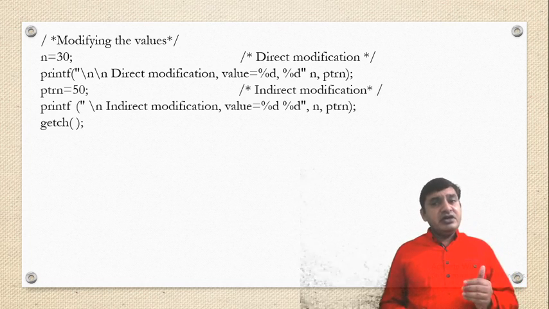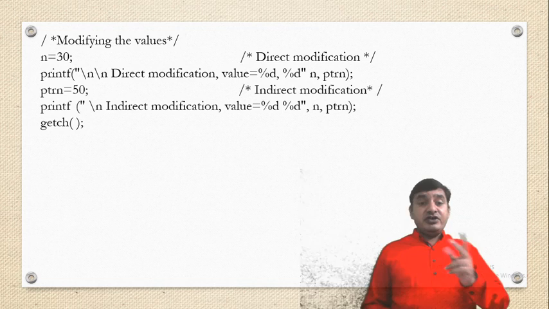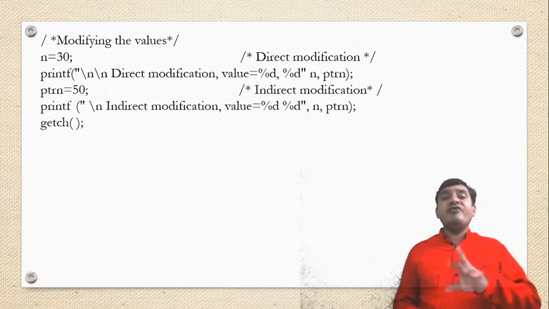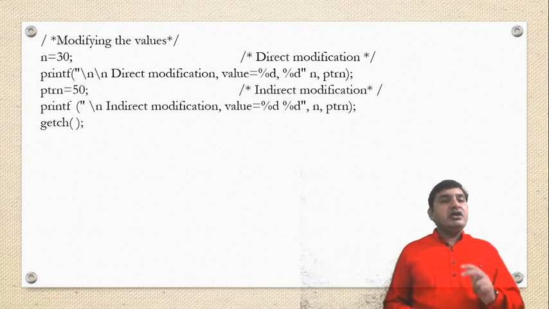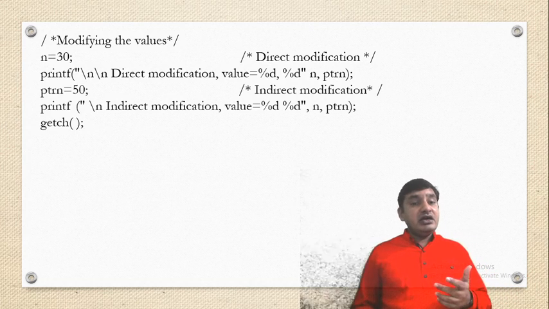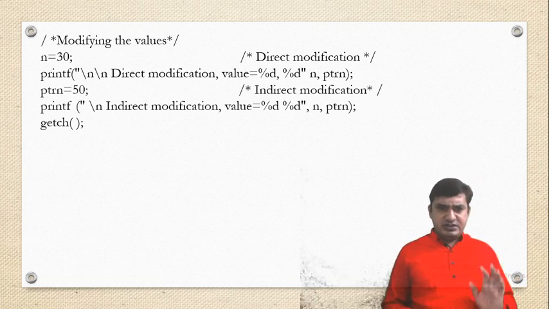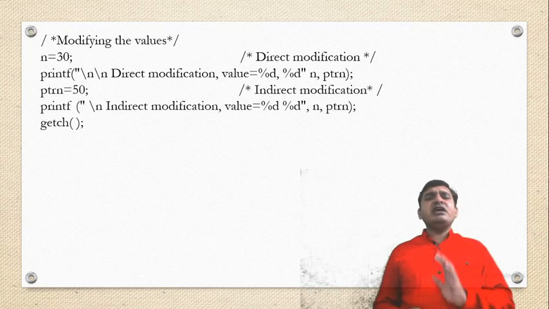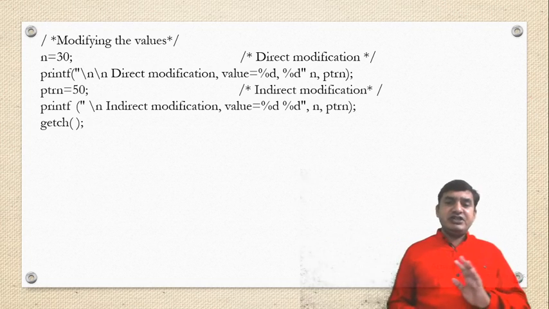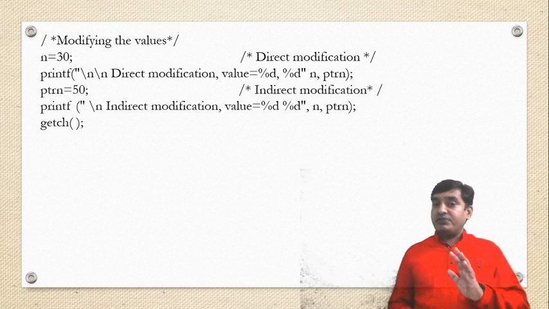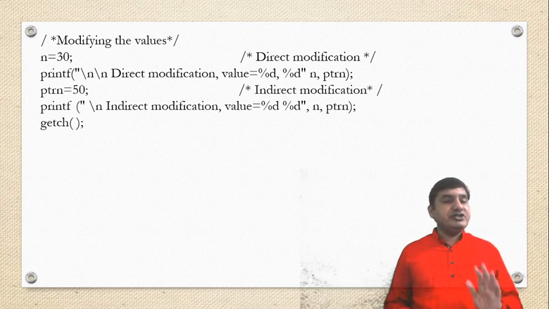Indirect modification: in the first case we modify the value directly, and in the second case we do indirect modification, and for that we consider *pointer is equal to 50. So printf indirect modification value is equal to %d, %d, and getch.